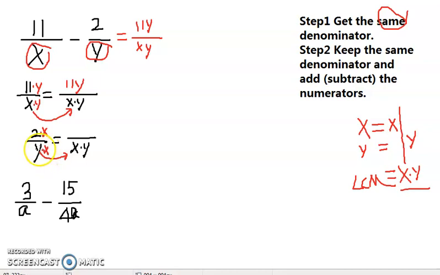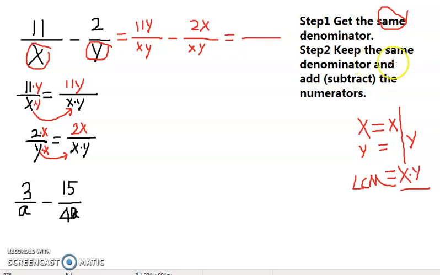So we're going to get y times x, which is the same as x times y on the bottom. For the top, we're going to get 2x. So that tells us the second fraction, 2 over y, is going to be the same as 2x over xy. Now we got two new fractions with the same denominator xy.